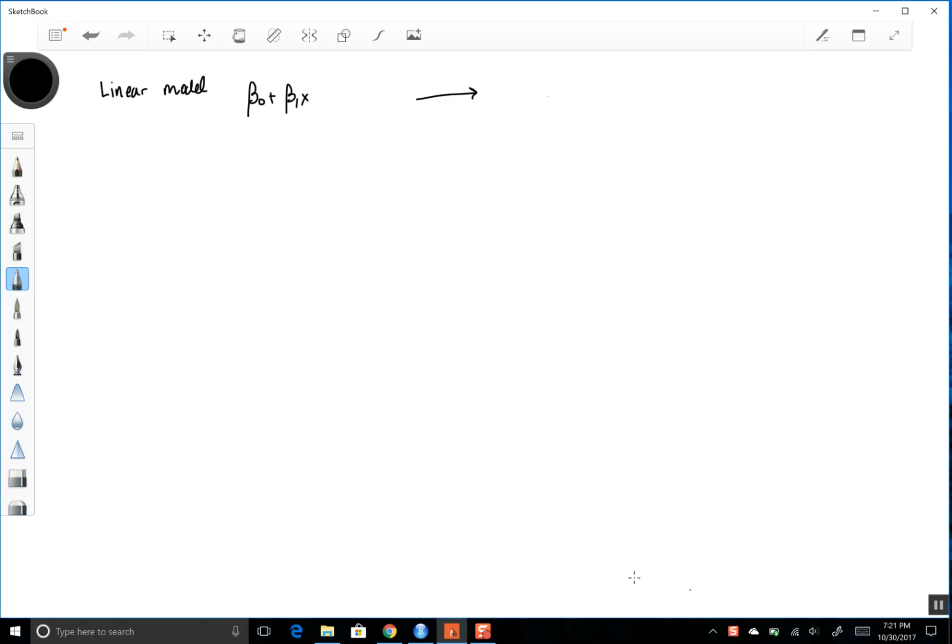And we put it into, let's call this g of x. Then we basically just throw it into e to the g of x over 1 plus e to the g of x. Okay, and you could have a multiple linear model, and it's the same thing.